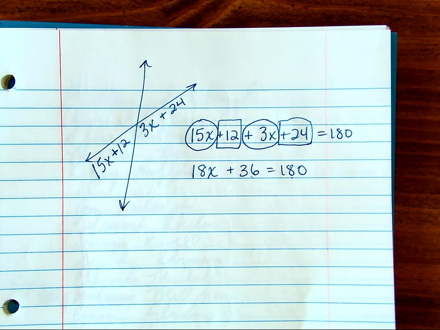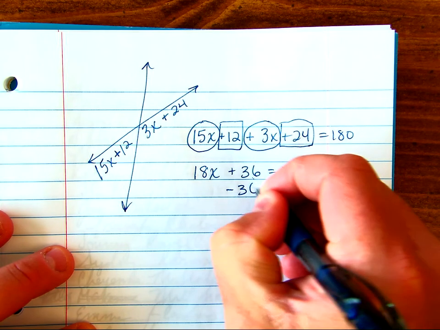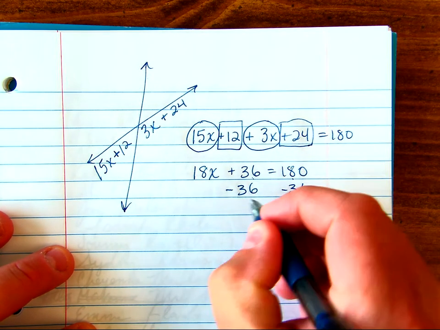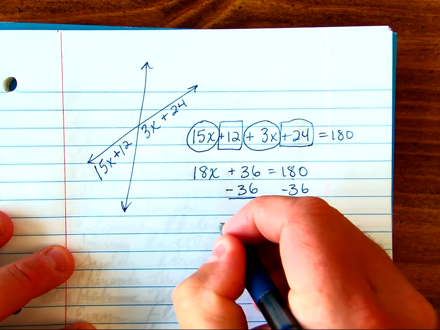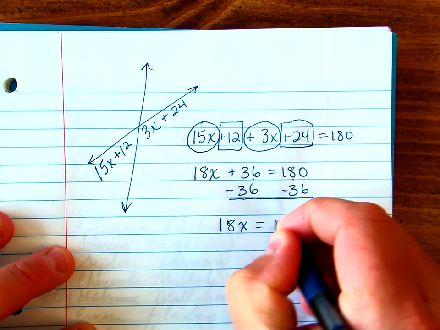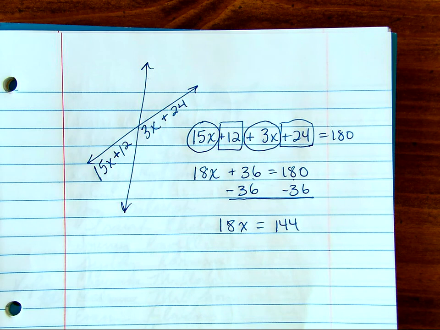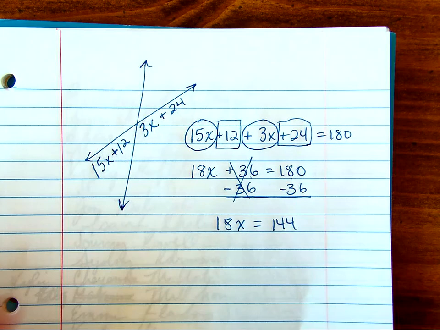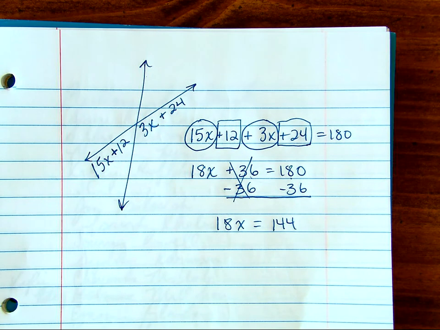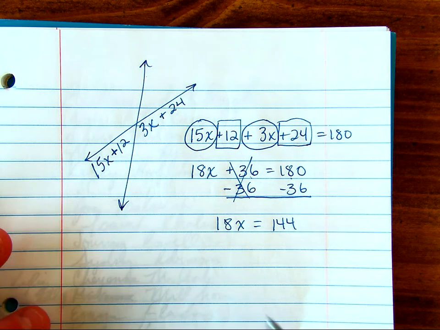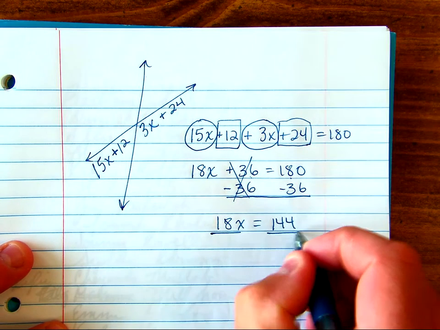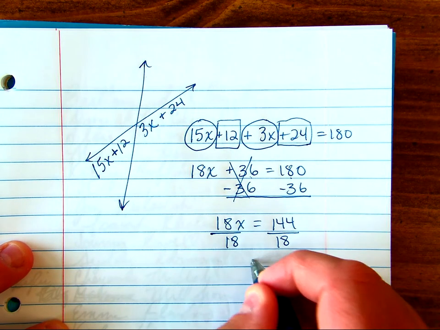We're going to add the negative 36 to both sides. And we get 18x equals 144. And now what's our last step? What do we do at the end, Alex? What are we going to divide by? And x equals 8.